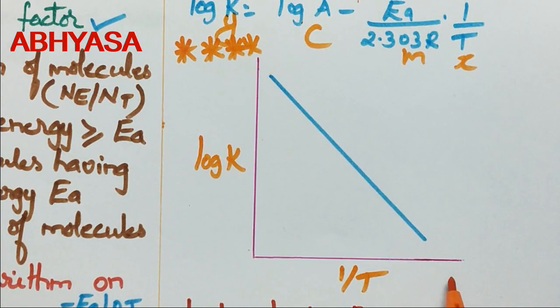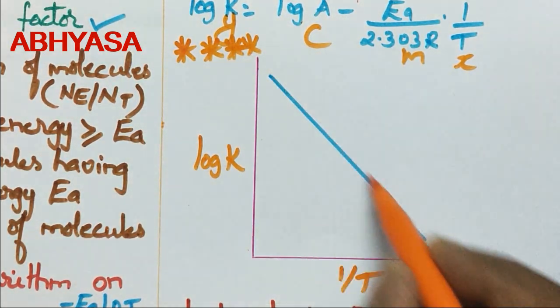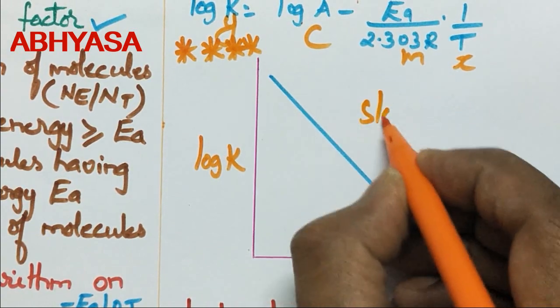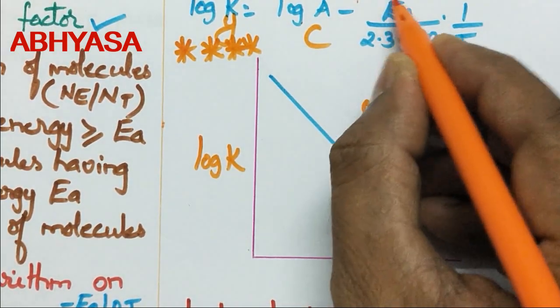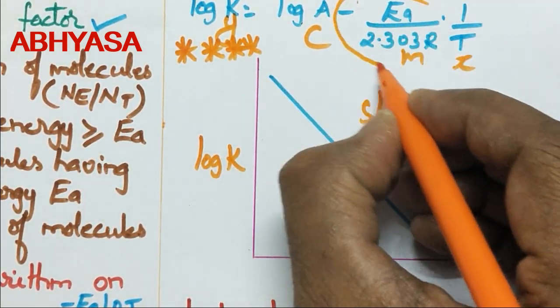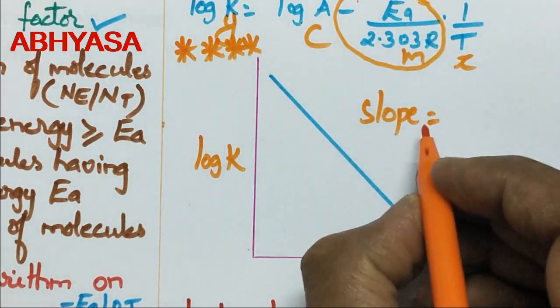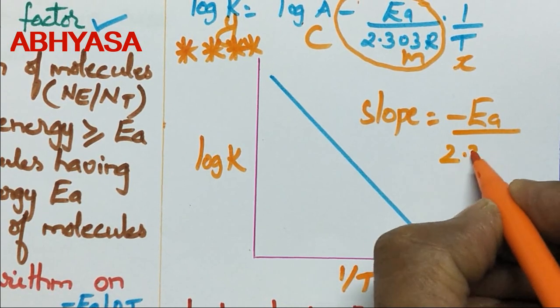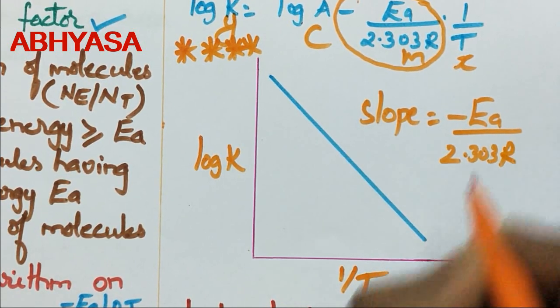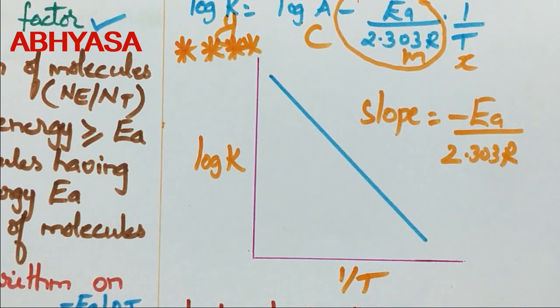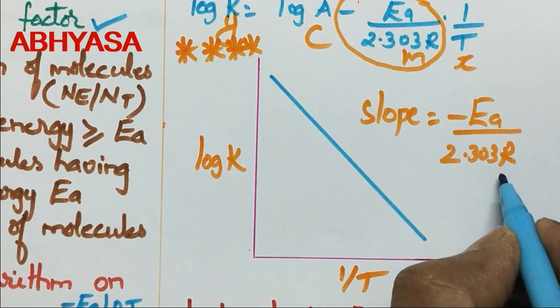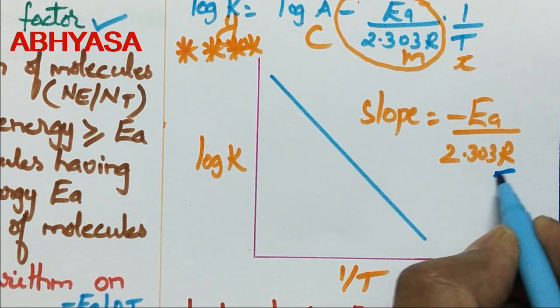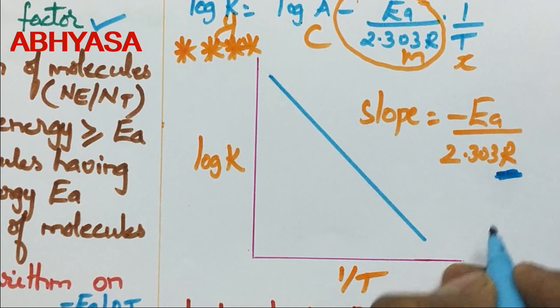is taken on the x axis, and we will be getting a straight line where its slope, this term indicates the slope, is equal to minus Ea by 2.303 R. Remember, sometimes in the exams they substitute this R value and they may give it in the form of options.